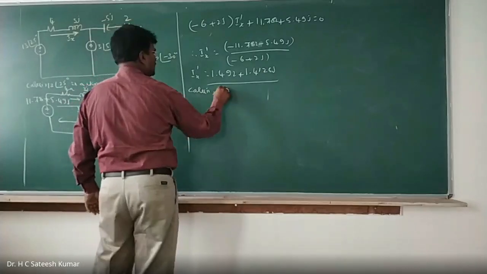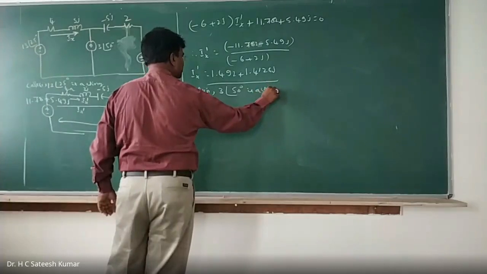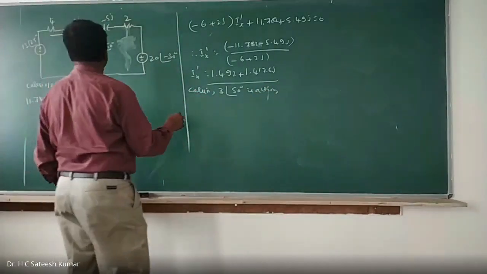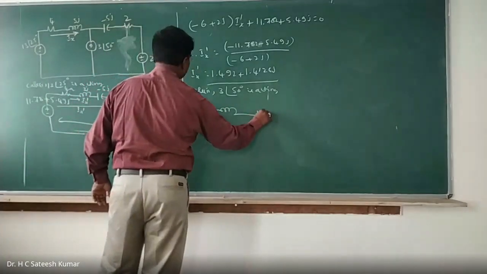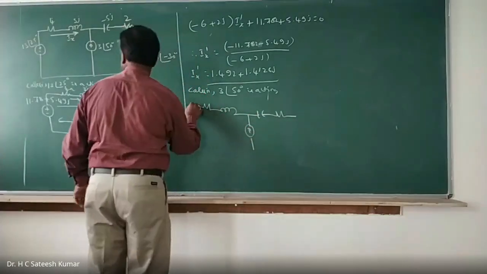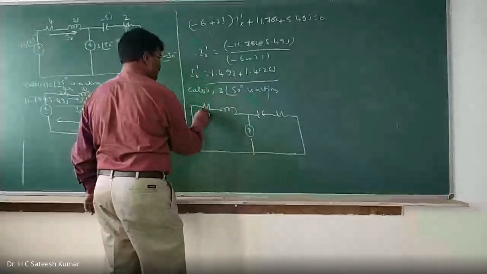Case 2: 3 at an angle of 50 degrees is acting. Right, now 3 at an angle of 50, how much is that? 1.94. This we are considering, and this is shorted and this is shorted.